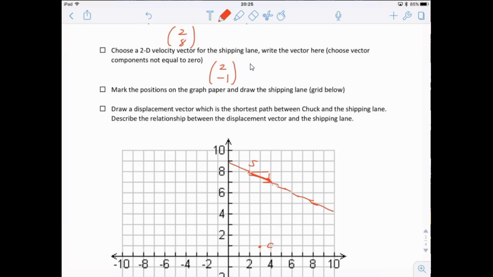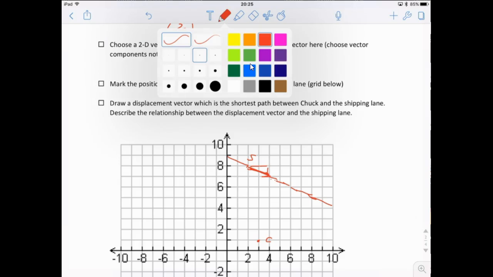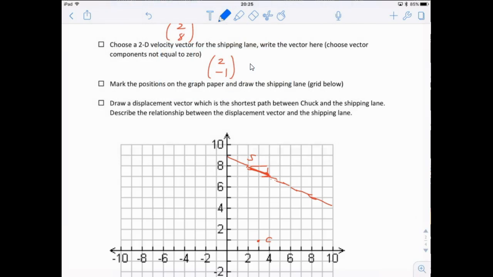Okay, and then it says to draw a displacement vector, which is the shortest path between Chuck and the shipping lane. Describe the relationship between the displacement vector and the shipping lane. Okay, so if you have a line like the shipping lane and you have a point like Chuck, then the shortest line which connects C to the shipping lane would be a perpendicular line.